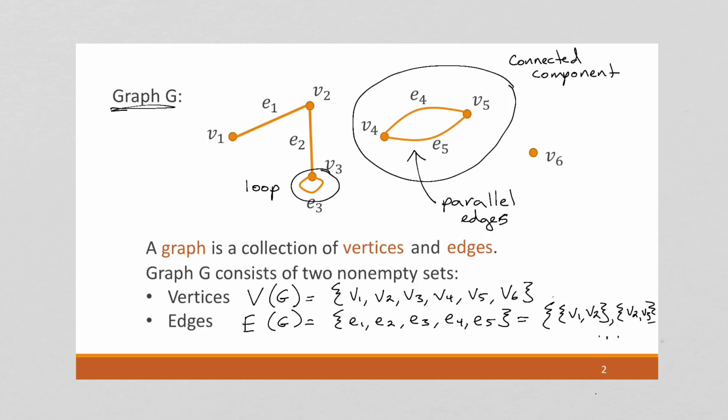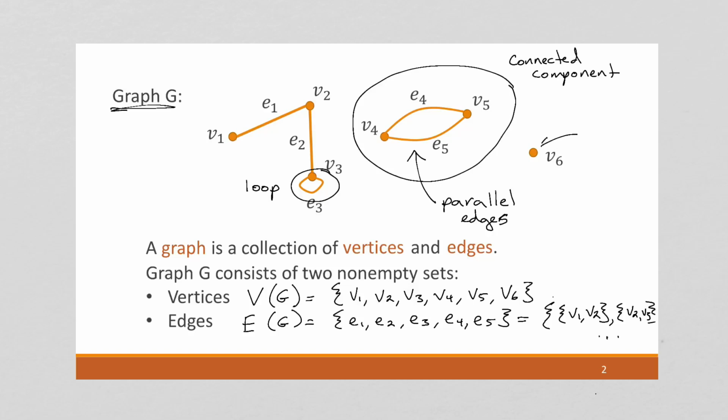So this is the same as if we had drawn V4 and V5 like that, and those are still the same edges. This would still be E4 and E5 because the geometry of it no longer matters. It's now just what are the endpoints and how are they connected. Okay, so those are called parallel edges. This one is called an isolated vertex.